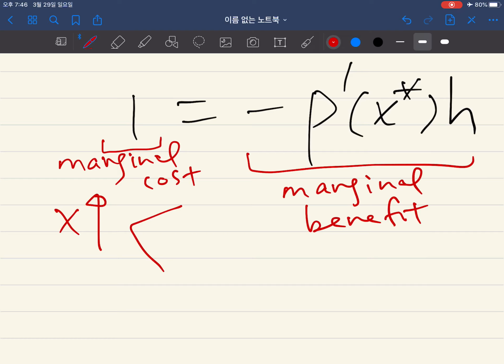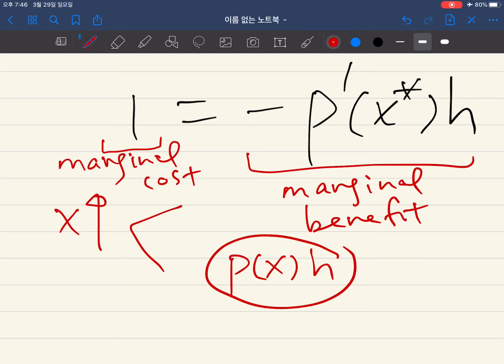The good news is it's going to reduce accident cost in our society. So accident cost is this. For each activity, this is the accident cost and it goes down by how much? P prime X. Because you increase X by an additional unit, the accident probability goes down by P prime X.